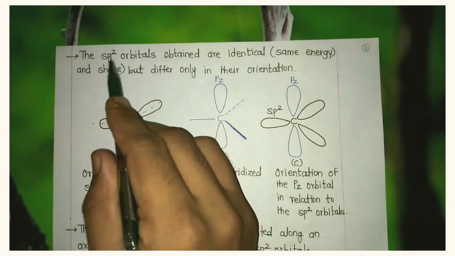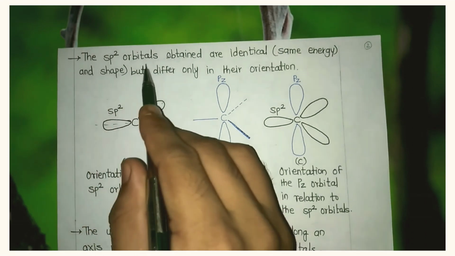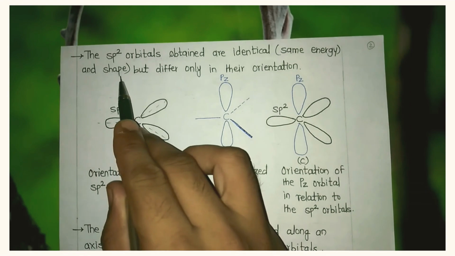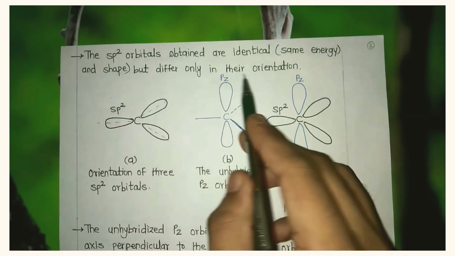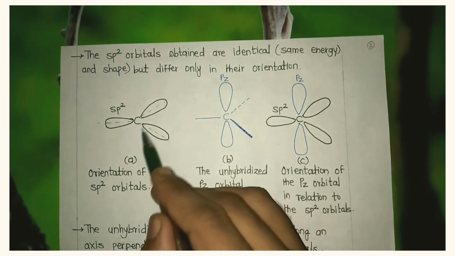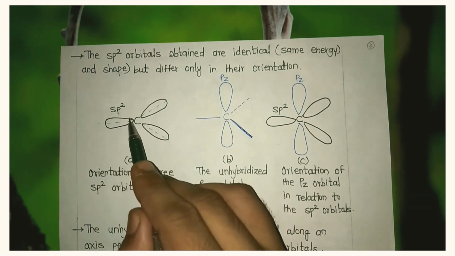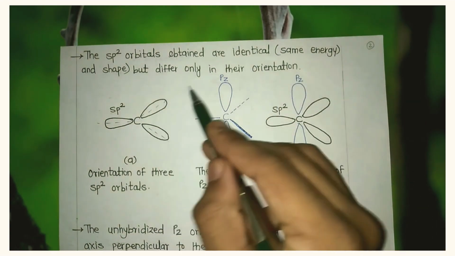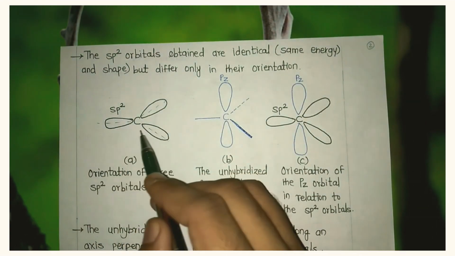The sp2 orbitals obtained are identical, with the same energy and shape, but differ only in their orientation, meaning they are oriented on different axes.